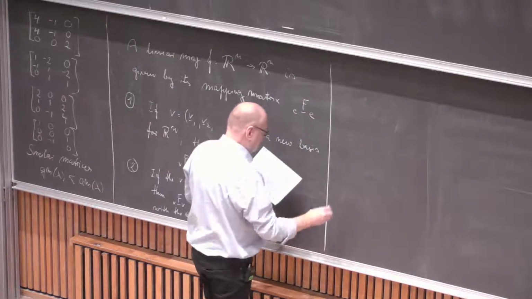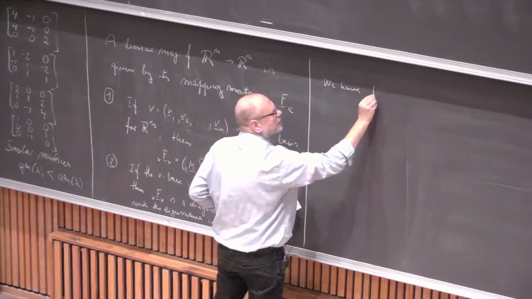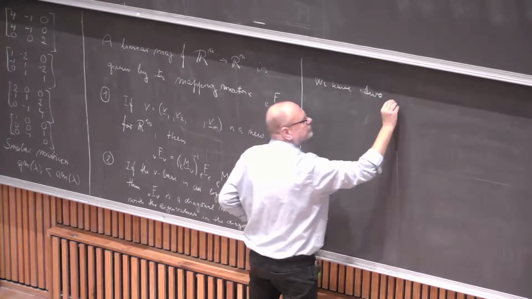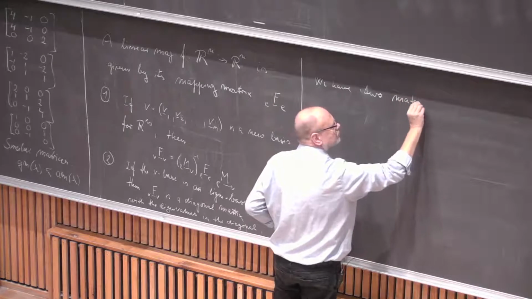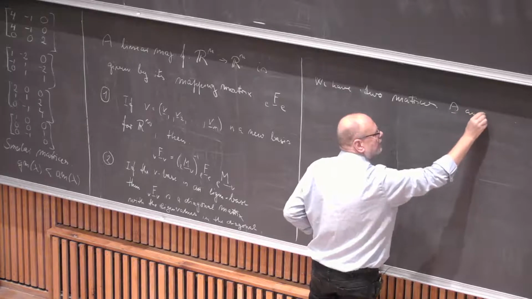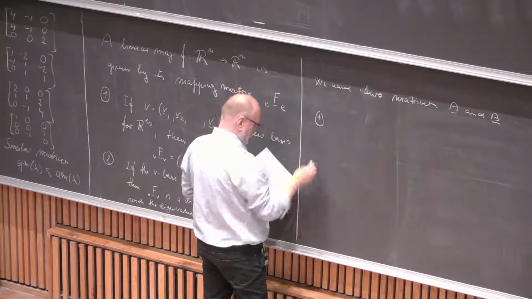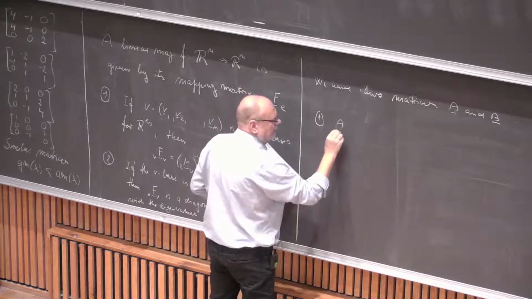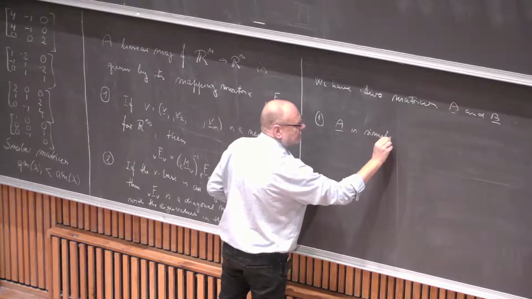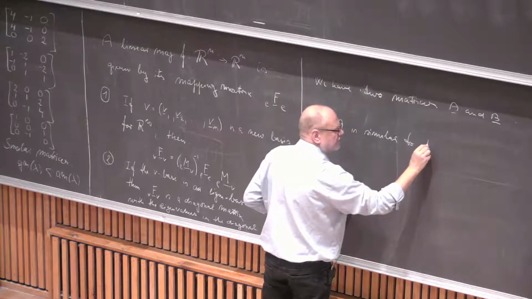And now to the matrix version. We have two matrices, A and B. A is similar to B. This is a definition, I'll return to this later on.